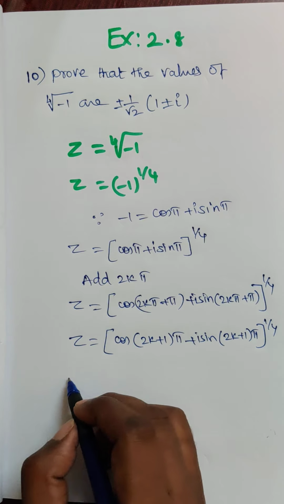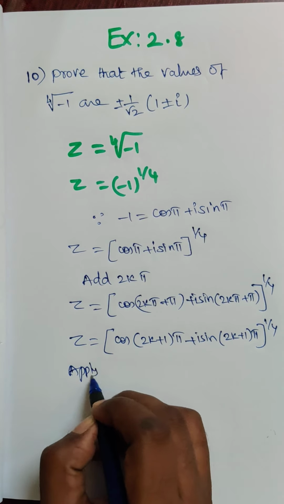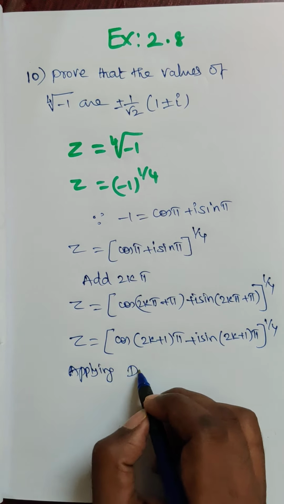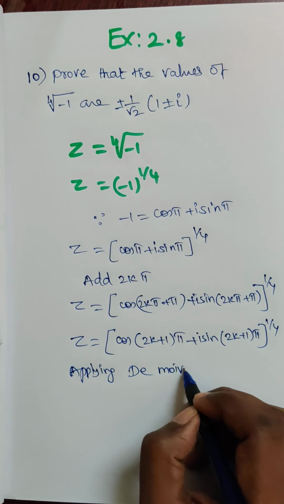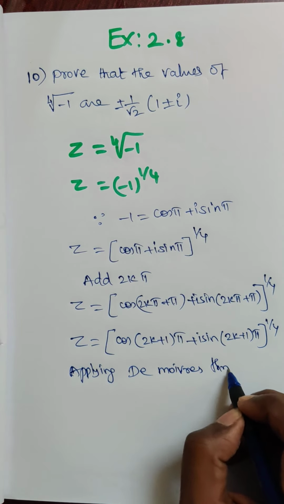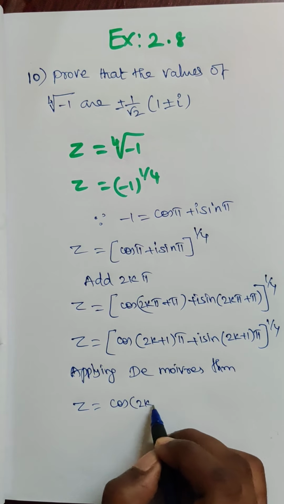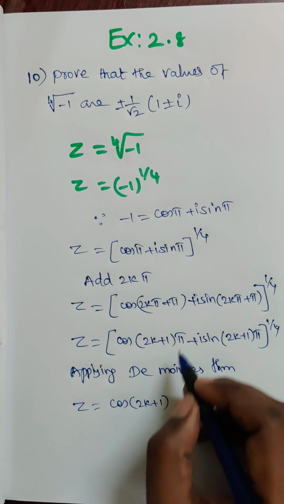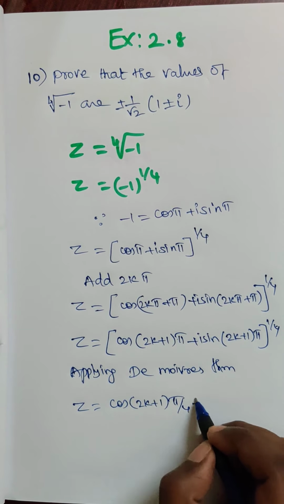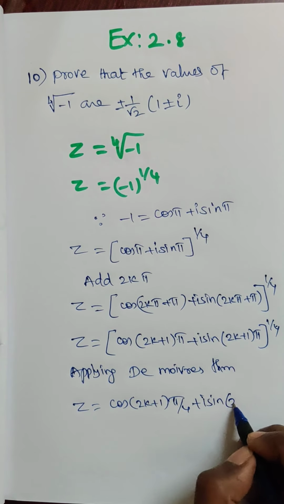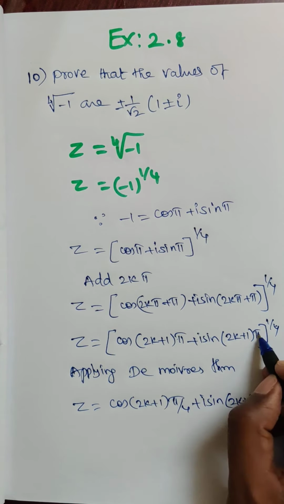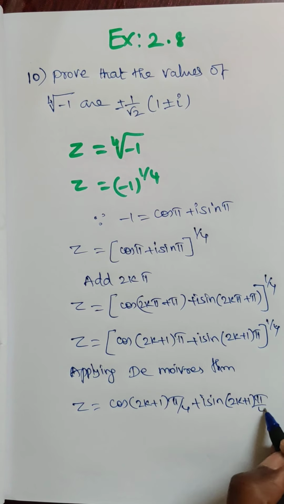So applying De Moivre's theorem, z is equal to cos of 2k plus 1 into pi by 4 plus i sin of 2k plus 1 into pi by 4.